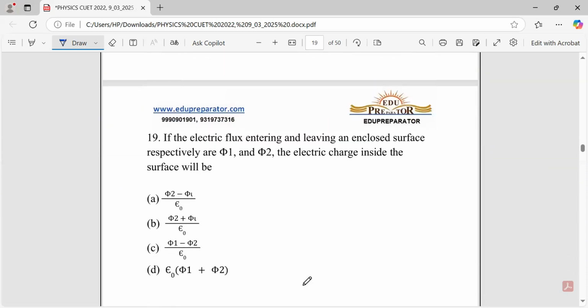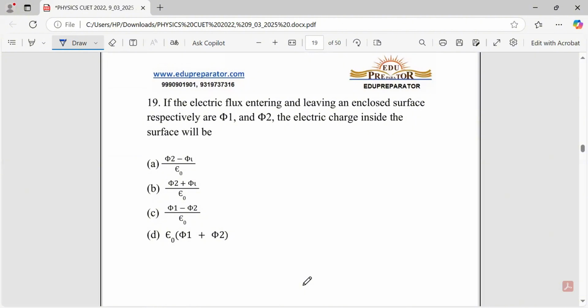So let's move to question number 19. The question number 19 is involving a very elementary concept. You are having a surface, flux entering and flux leaving. So we know that the flux entering is taken as negative. And what is the value of flux? Flux phi is equal to Q by epsilon naught. This means Q is equal to phi into epsilon naught.